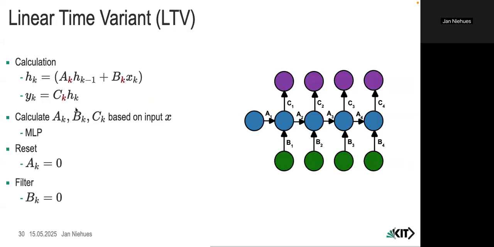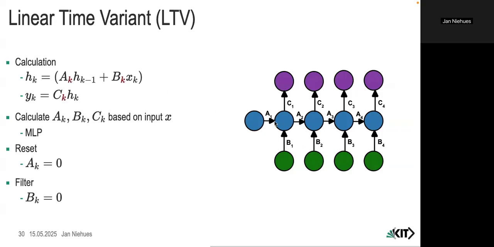We still have to store all the history somehow in a state, but how this history is combined with our current information might be different because it depends on our current A_k. And the same is true for B, and then we can combine it.